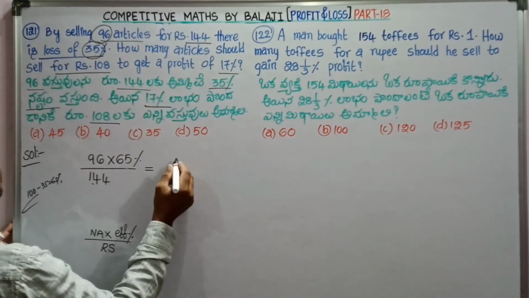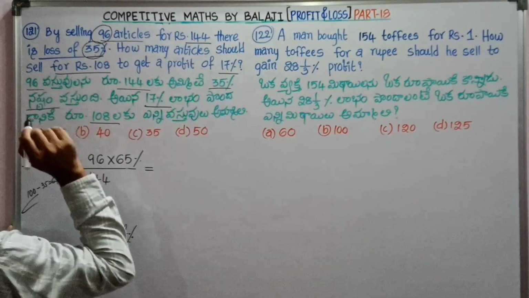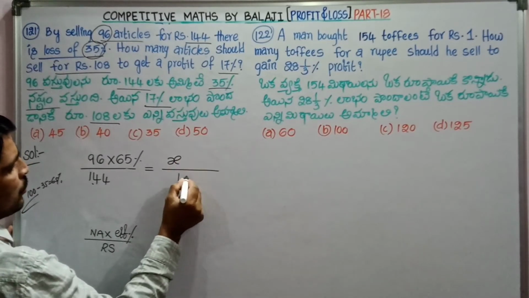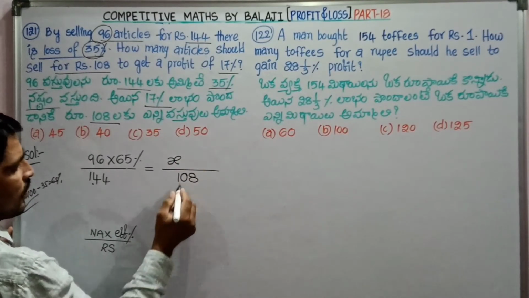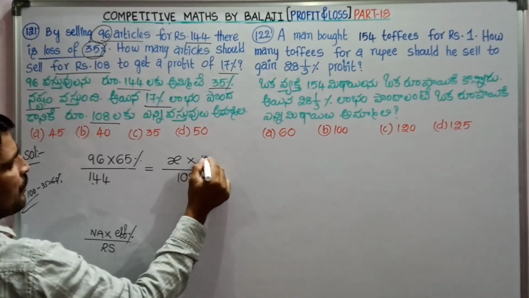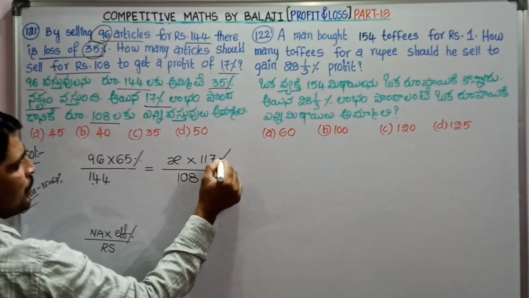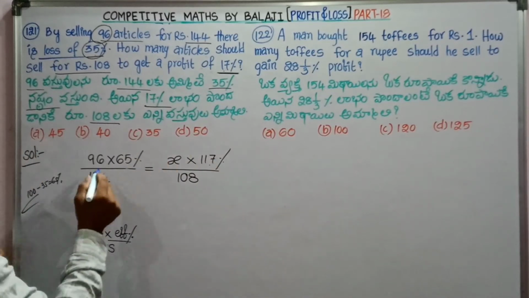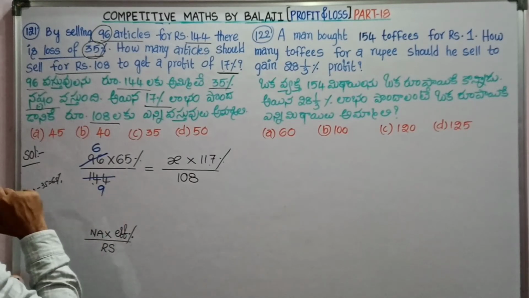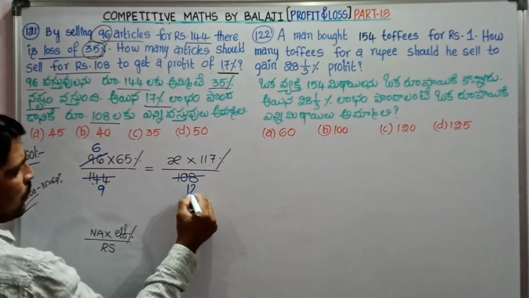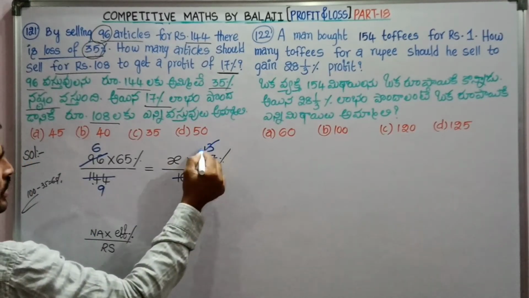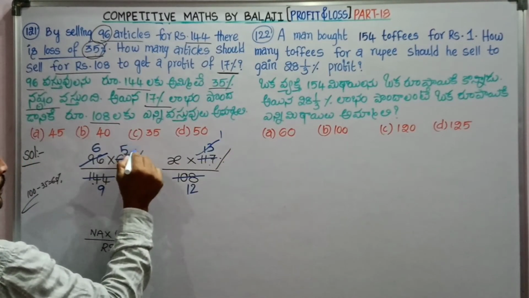Let us suppose X articles are sold for rupees 108 to get 17% profit. That is, the effective percent is 117%. 16 6s are 96, 16 9s are 144, 9 12s are 108, 9 13s are 117, 13 5s are 65.